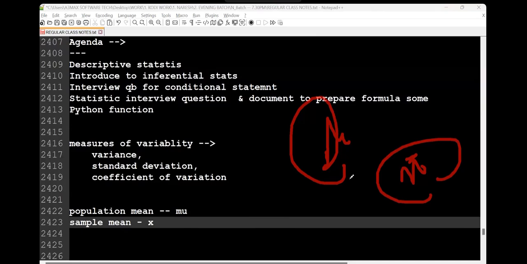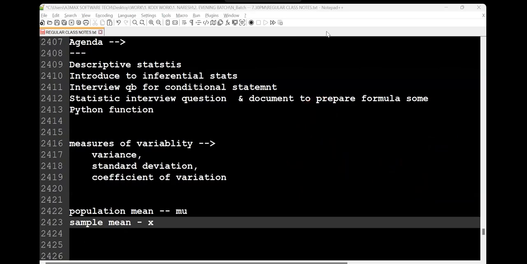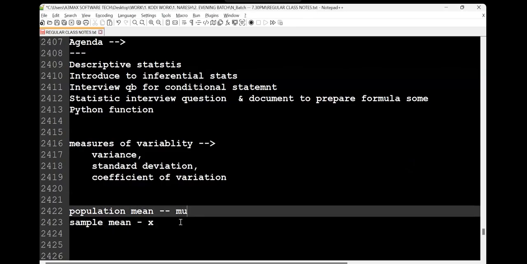They are constant everywhere, like addition means plus everywhere and subtraction means minus everywhere. Population mean means mu, and sample mean means X bar. Clear up to this?